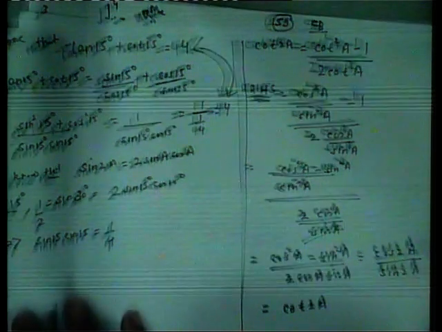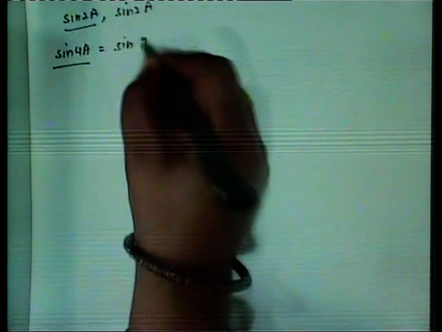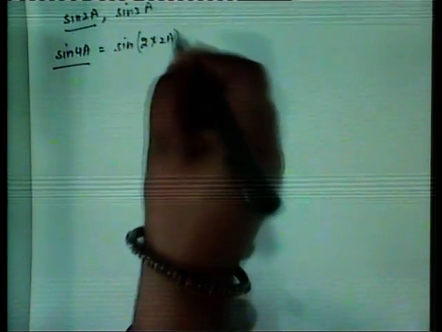Right? So now you know how to find the expression of sin 2a, how to find the expression of sin 3a. Now with the help of these two, or with the help of this only, I can find the expression of sin 4a. How? I write sin 4a as sin 2 into 2a.